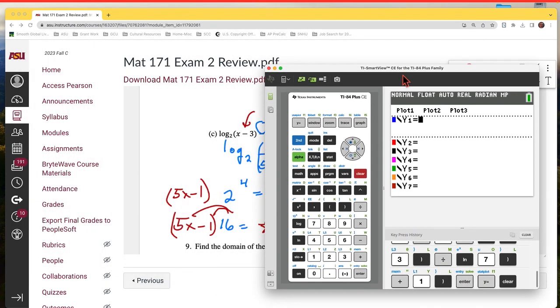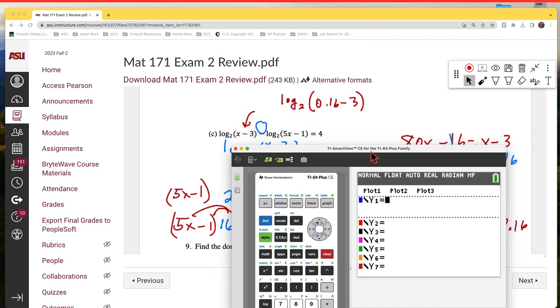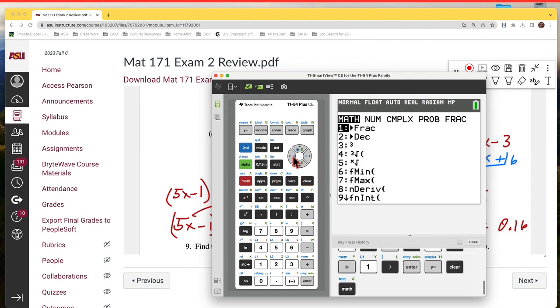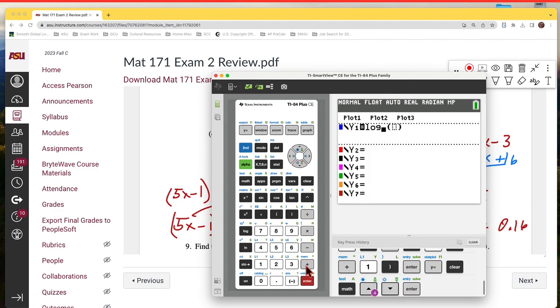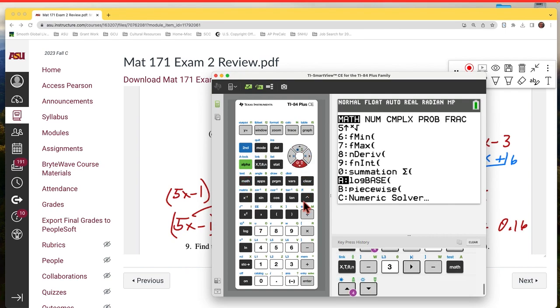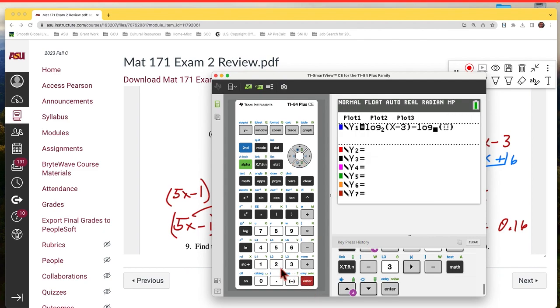And let's put in log base 2 of x minus 3, and then we had minus log base 2 of 5x minus 1.